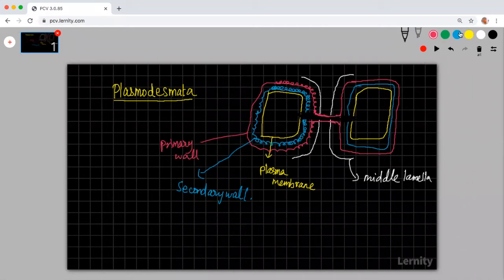There is a layer which will be there. In between two cells, you will be able to see some sort of connection, and cytoplasmic flow will be there. This bridge-like structure that you are seeing here is what we call plasmodesmata.